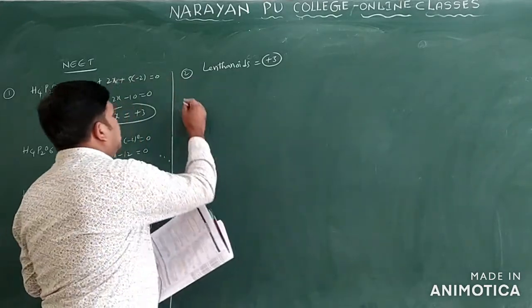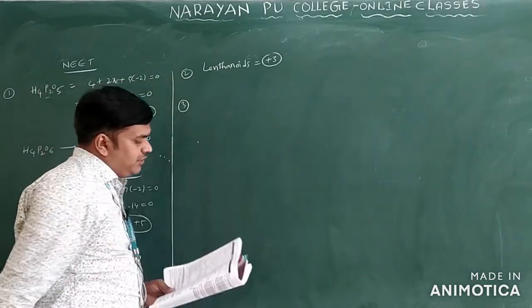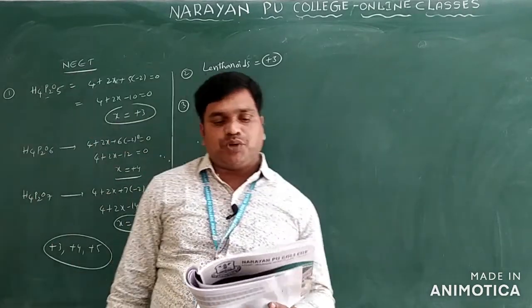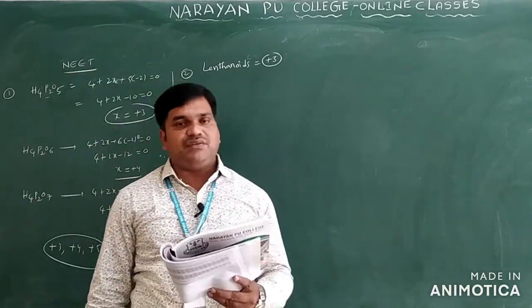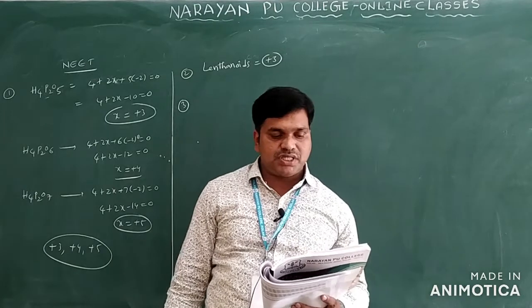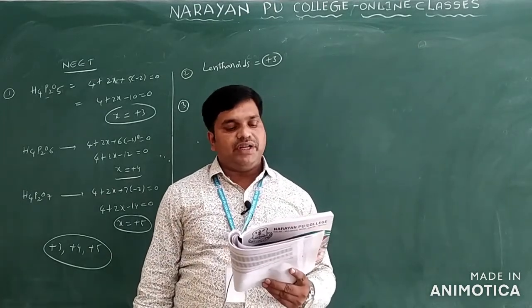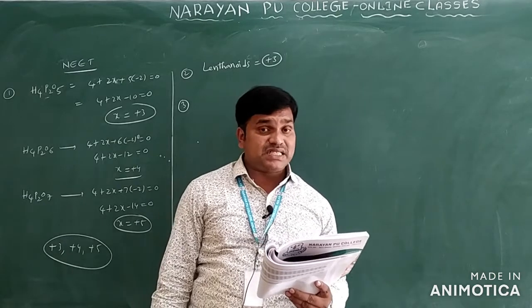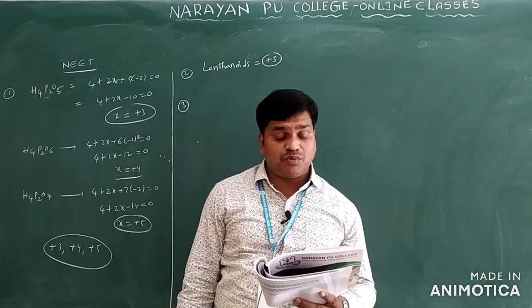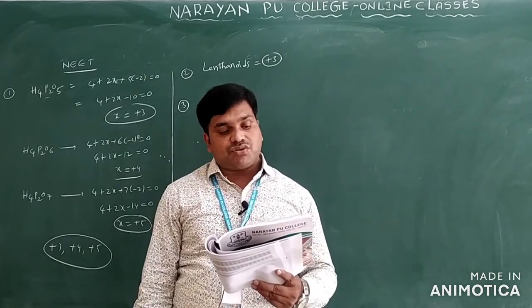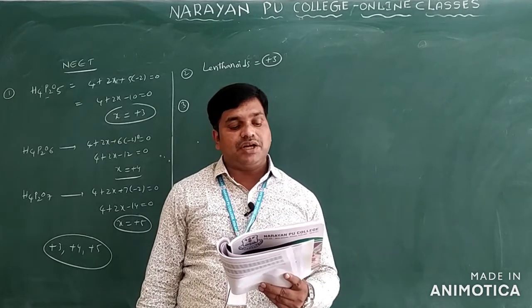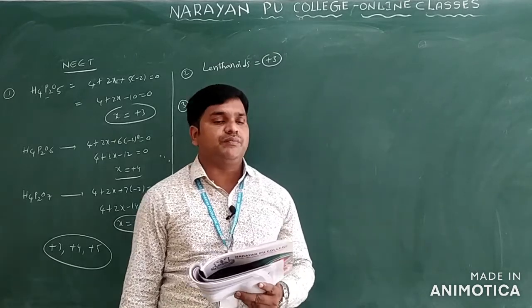Come to the next question, number 3. The standard reduction potentials of half reactions are given. They gave 4 equations. Fluorine value they gave plus 2.85. Chlorine value they gave plus 1.36. Bromine value given plus 1.06. The question is the strongest oxidizing and reducing agent in these reactions.